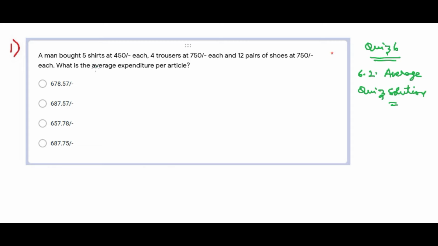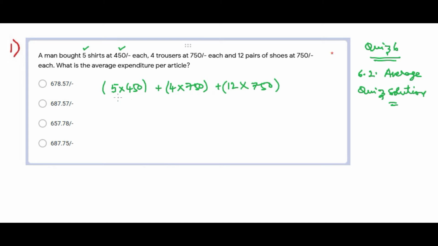How to find the sum of cost? 5 shirts he has bought at 450 each, so 5 into 450, plus 4 trousers at 750 each, plus 12 pairs of shoes at 750 each. That's all. Now this is the total or sum of observations.